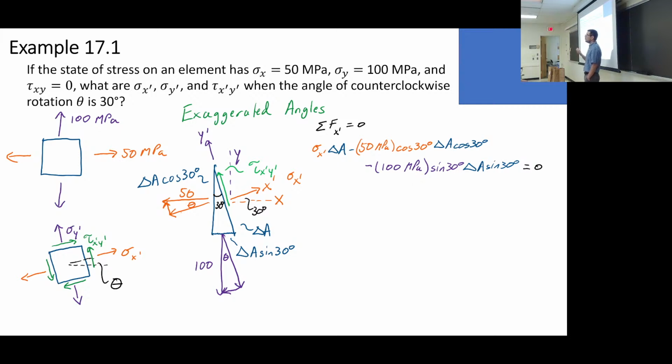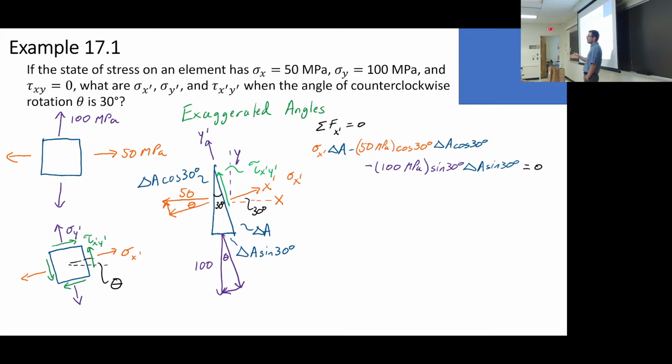So I've got to figure out what the force is. The force in the minus y direction is 100 megapascals times delta A sine 30 degrees, because that's the length of that face.